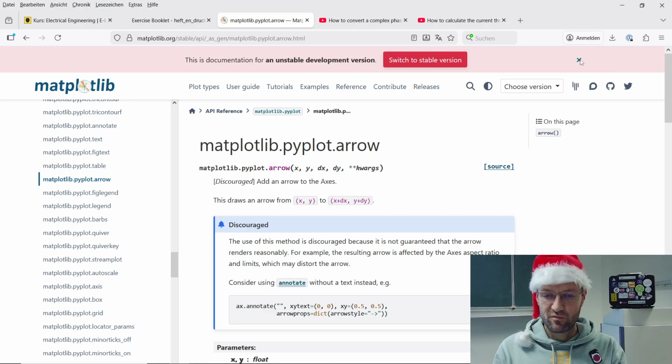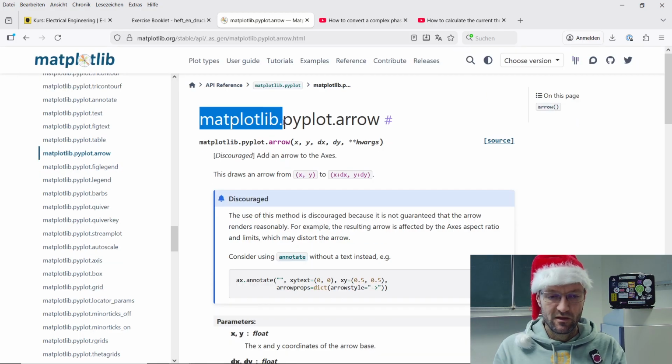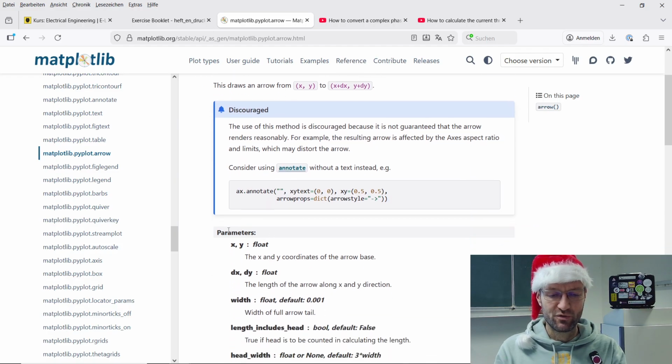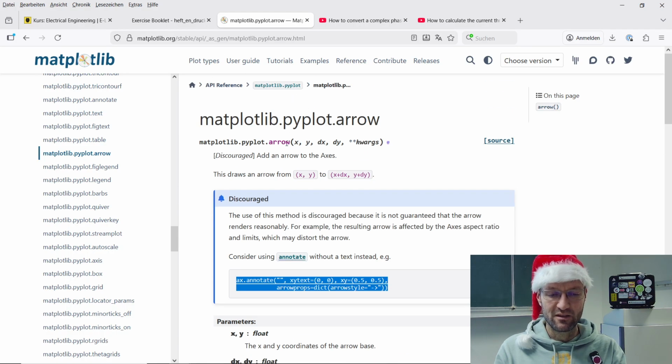In matplotlib and pyplot, there's a function called arrow that will draw an arrow. It's kind of discouraged to use this, or to be honest, I did not get the other function running, so we will use it anyhow. It works in a way that you give starting coordinates, you give some delta, and then you give some arguments. So let's check if this works.